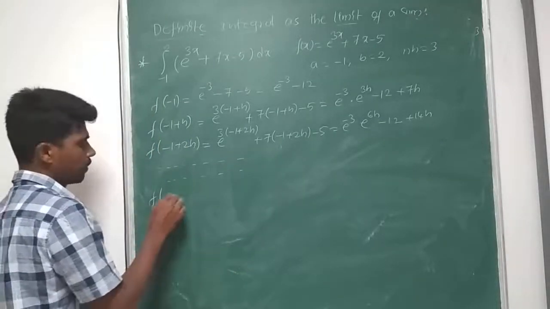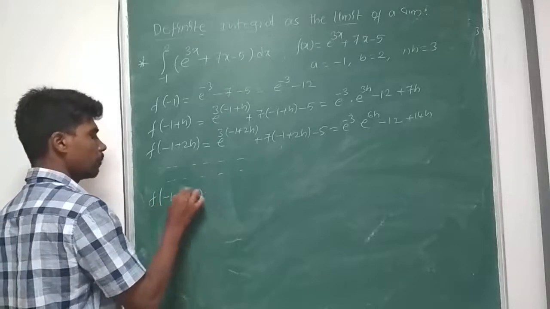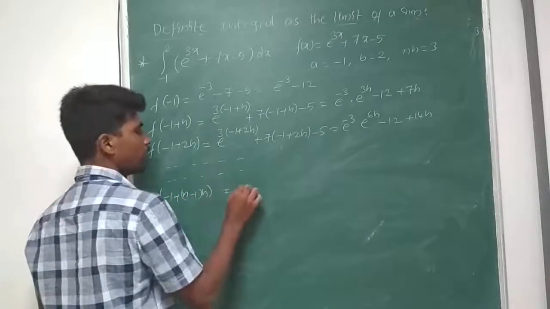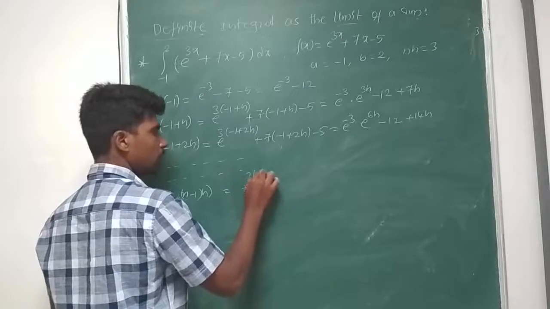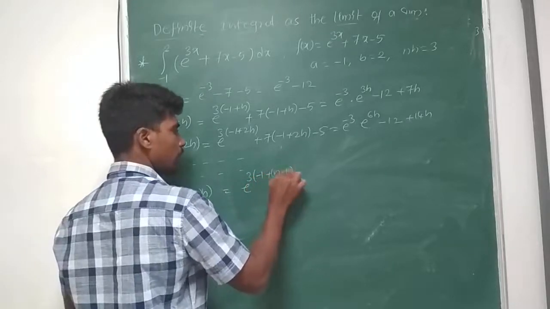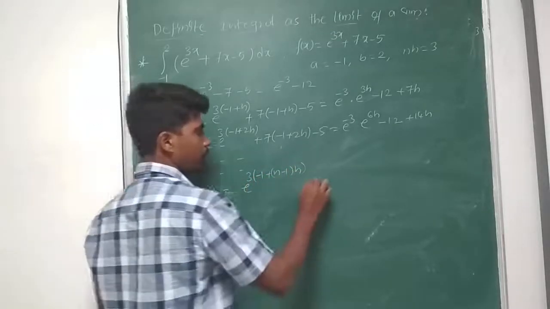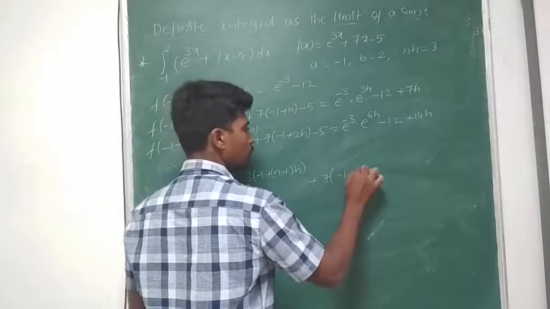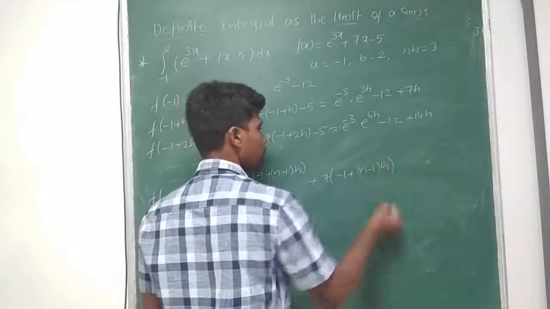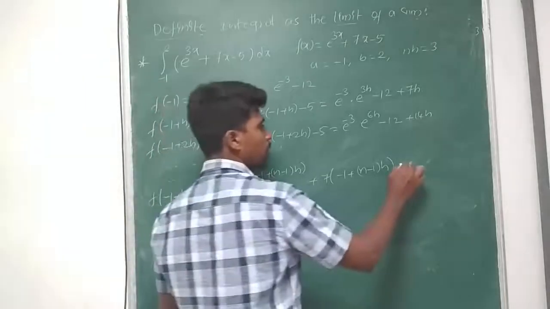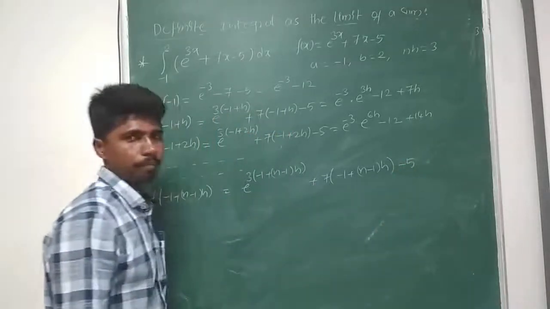f of the last one, minus 1 plus (n minus 1) into h, equals e power 3 into (minus 1 plus (n minus 1) into h) plus 7 into (minus 1 plus (n minus 1) into h) minus 5.